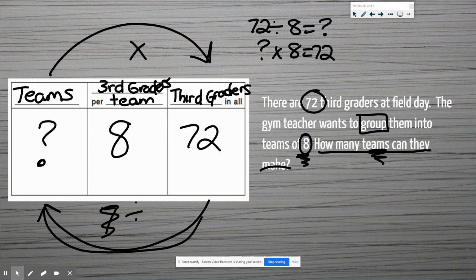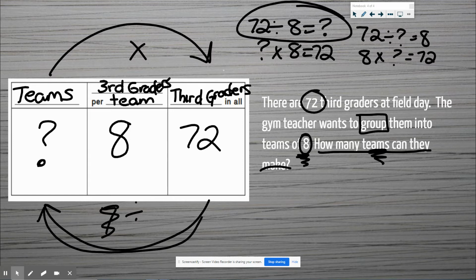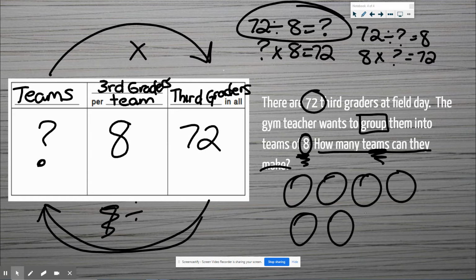My fact family, 72 divided by something equals 8. And 8 times something equals 72. Again, I can use this one to help me to solve it. I would need 8 groups or 8 teams, and I have 72 players, so I would have 9 in each group.